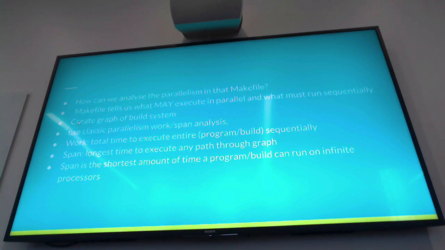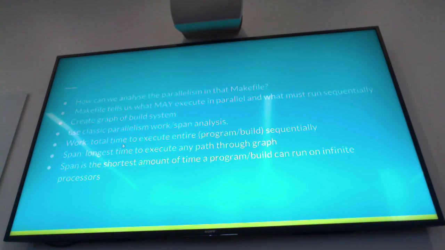So the parallel analysis tool builds a graph like the one I showed you, and then uses classic parallelism work-span analysis to analyze the parallelism in the build system. So work is the total time to execute the entire build sequentially.